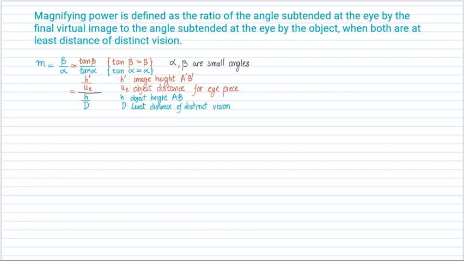Now, on simplification, I can write this one as C, this UE. Okay, this will go to the denominator.